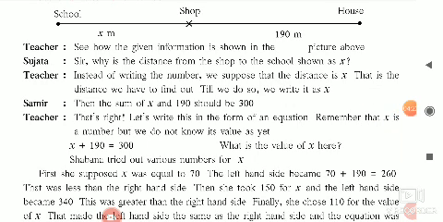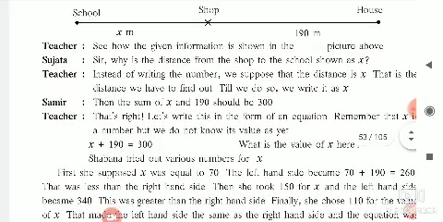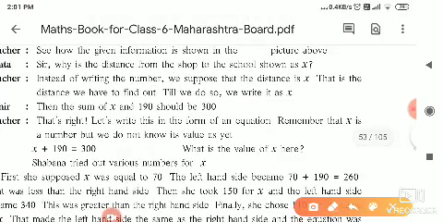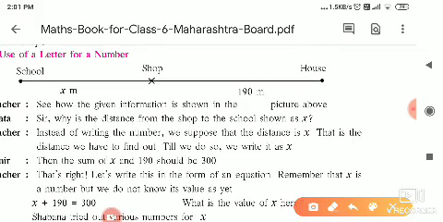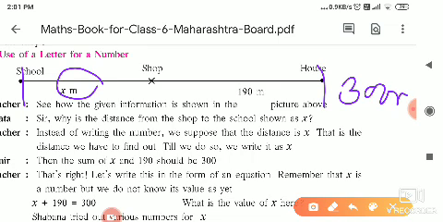Then Samir said that the sum of x and 190 should be 300. Why? Because the exact distance between the school and the house is already given, 300 meters.